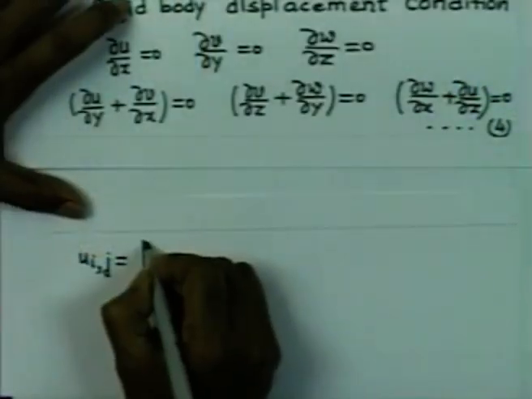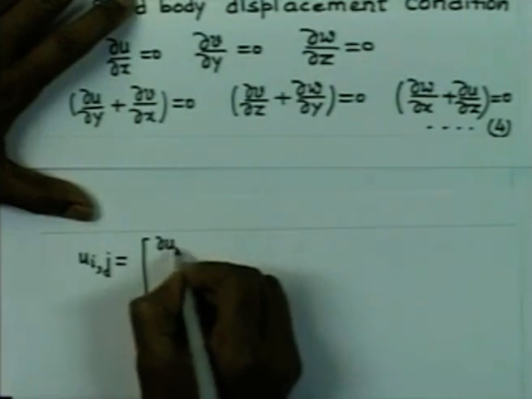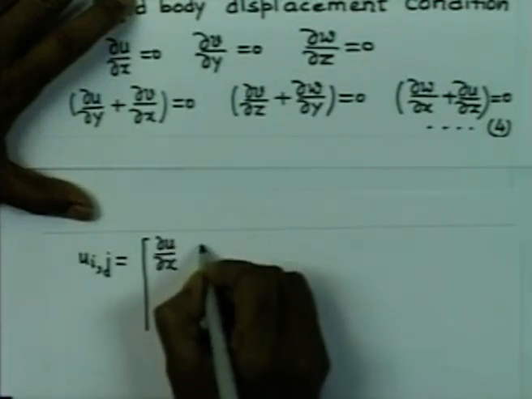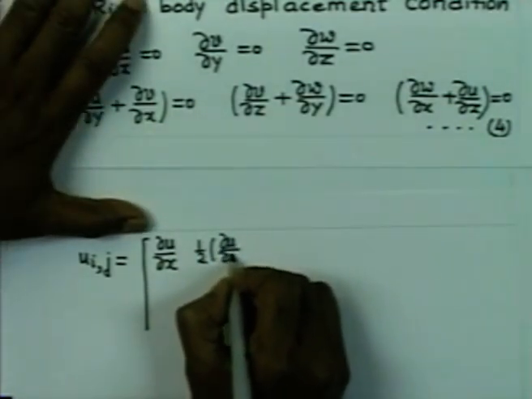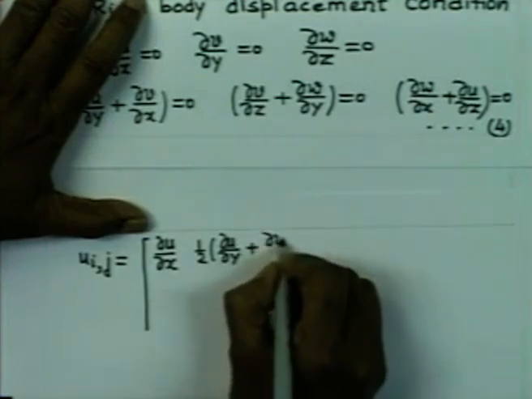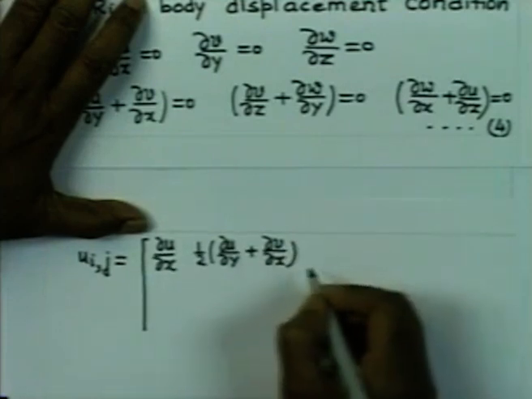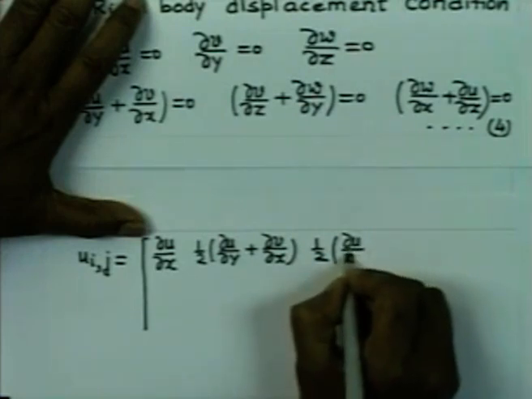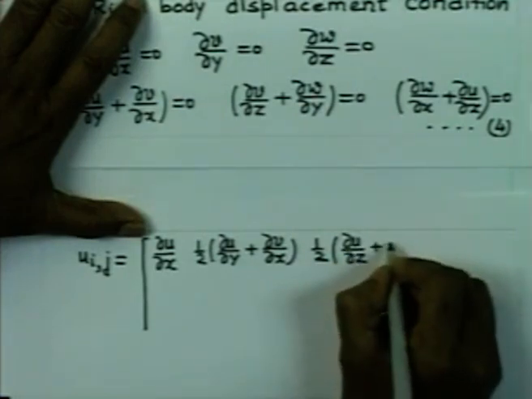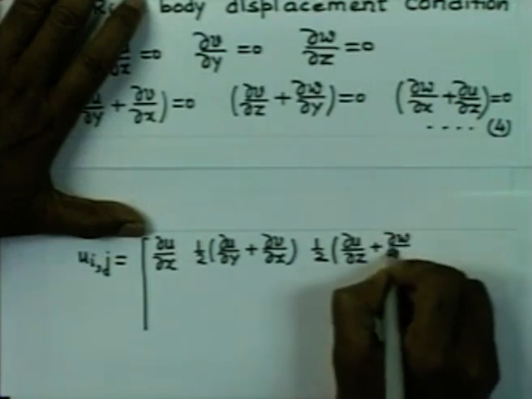So, the relative displacement tensor can now be rearranged like this: Uij is equal to the matrix with first row δU/δX, half (δU/δY + δV/δX), half (δU/δZ + δW/δX).